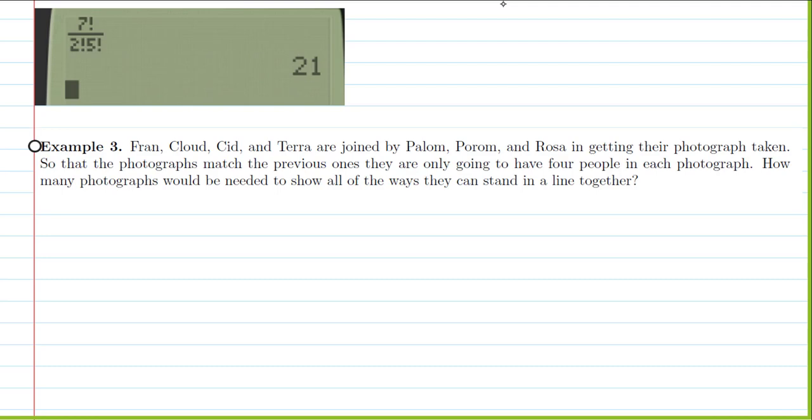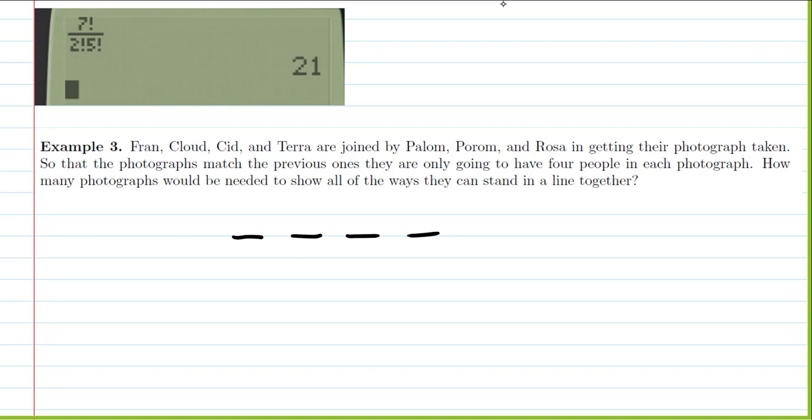So that the photographs match the previous ones, they are only going to have 4 people in each photograph. How many photographs would be needed to show all of the ways that they could stand together in a line? So once again, we're going to be rearranging them into lines of 4 people.